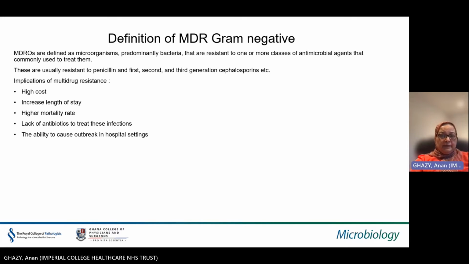They are associated with high cost, increased length of stay, higher mortality rate, lack of antibiotics to treat these infections, and the ability to cause outbreaks in hospital settings.